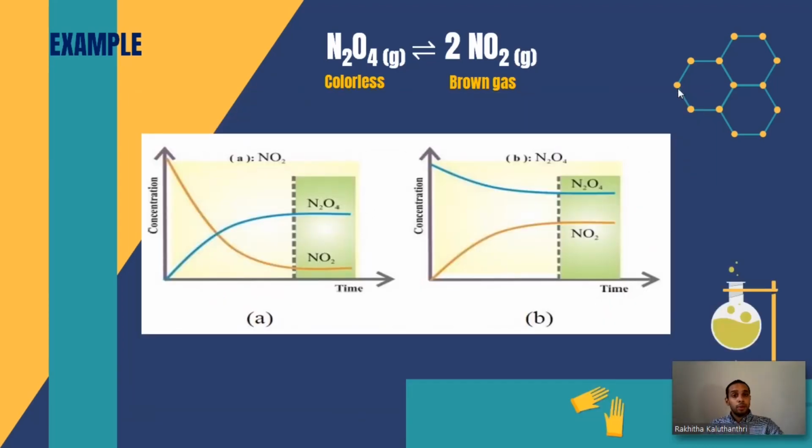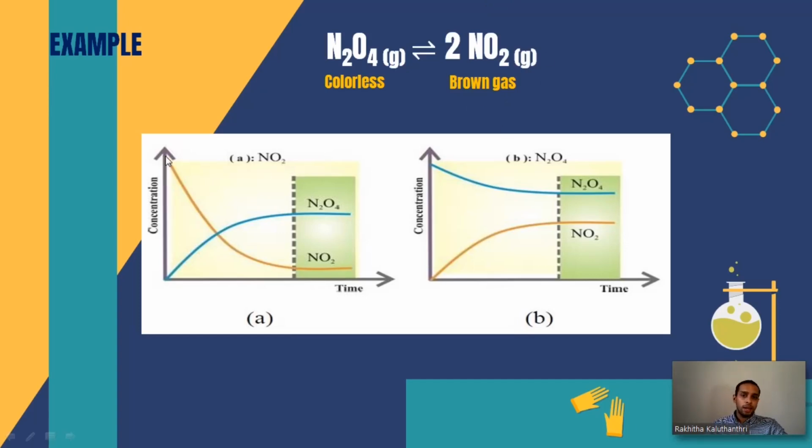So I want you to have an idea about having an equilibrium reaction starting from products or reactants. Now, graph A shows us that we can start the reaction from the products end as well. Just imagine the same type of vial which is evacuated, and you introduce to that vial only NO2 gas, right? That's what has happened here.